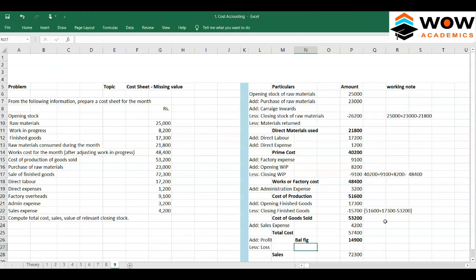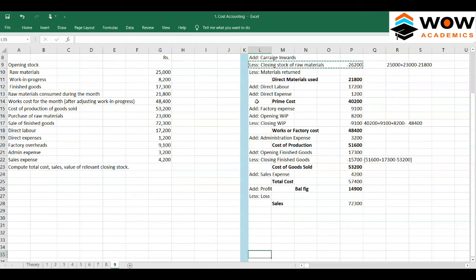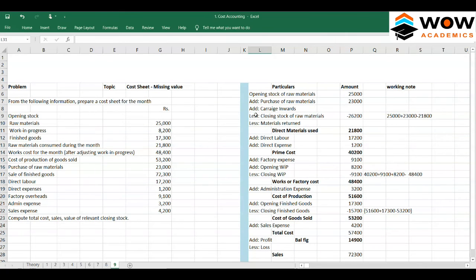Hope you guys got it. So what are the key numbers that we had? The key numbers here are the closing stock value. This is a key number, or if you want, I'll just highlight that cell.